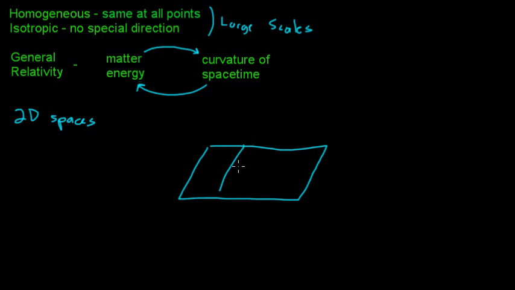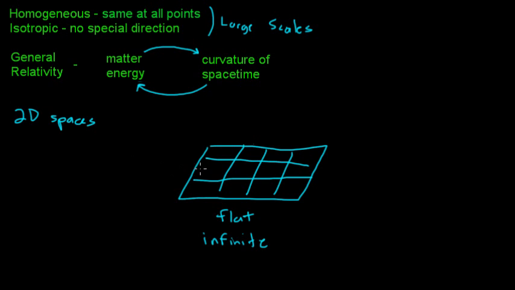So let's just say I have some plane that extends in all directions. So this is flat, it's infinite in size, and all of the rules of geometry that we've learned in grade school still apply. So if I draw a triangle on this space, then the angles of that triangle will add up to 180 degrees.